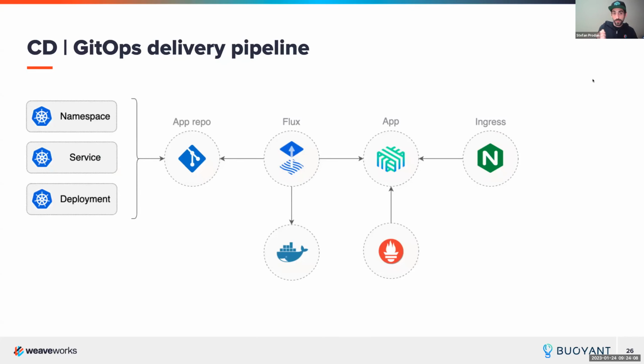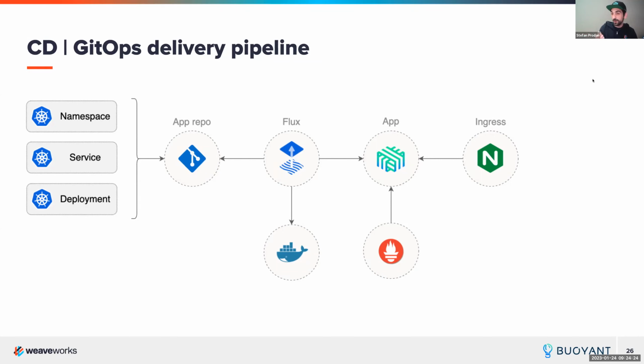Now, how does a GitOps delivery pipeline look? You have, let's say, a namespace, a Kubernetes service, and a Kubernetes deployment in your app repo. Flux connects to it and applies it on the cluster for you.